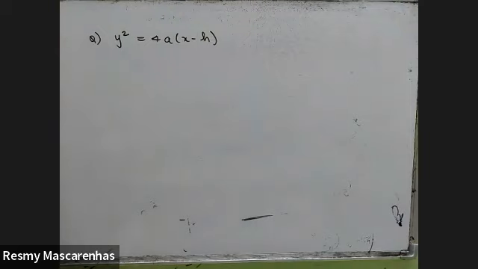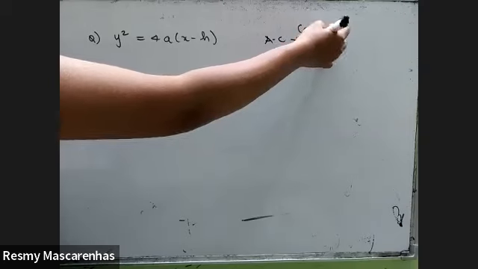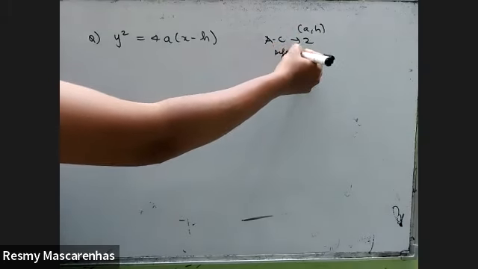Or a into x minus h. So arbitrary constants, two of them, that is a and h. So you can differentiate it only 2 times.